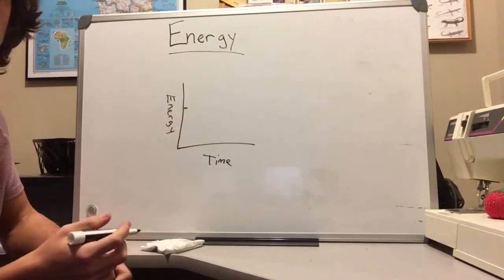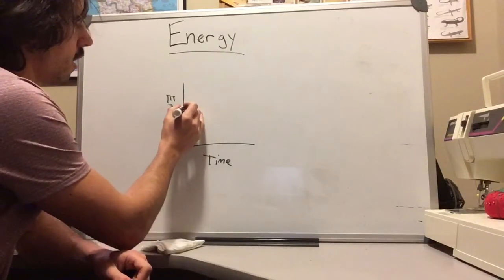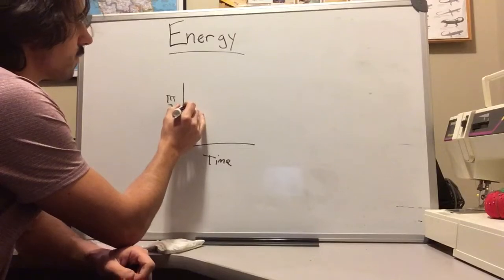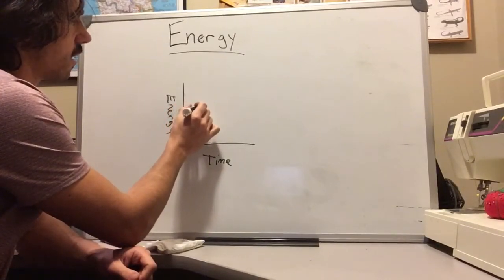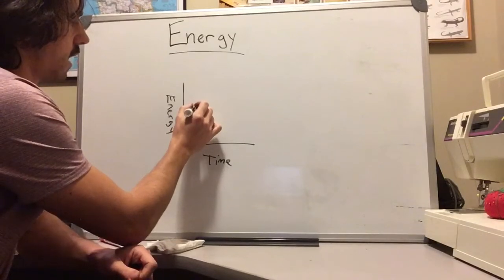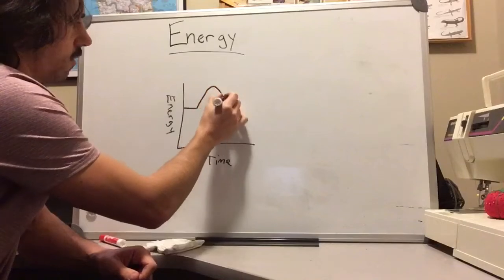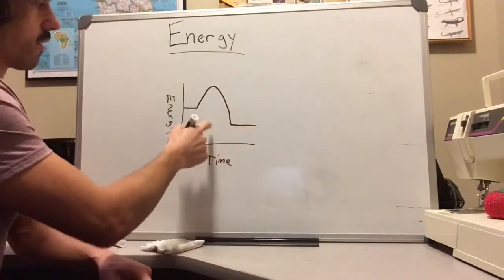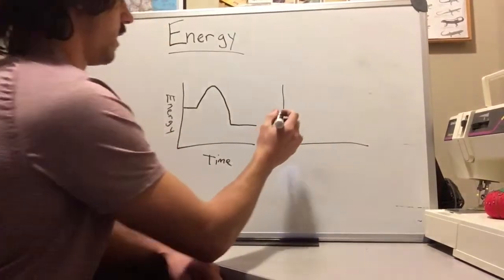What we end up seeing with a chemical reaction is that we're going to have one of two things happen. But we're always going to start at the energy of our reactants, and as time goes on, those reactants are going to end up gaining energy to a certain point, and then we're going to go through a chemical reaction. So our graph could look like this, or it could look like this.